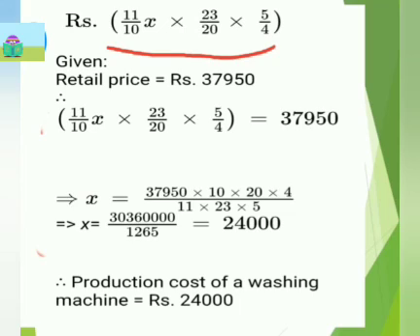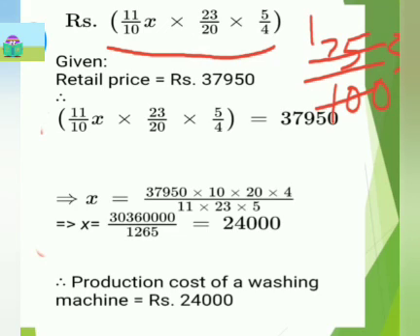When you solve it, you will get here 11 upon 10 X multiplied by 23 upon 20 multiplied by 5 upon 4. 125 upon 100, when you have solved, you will get 5 upon 4 only.